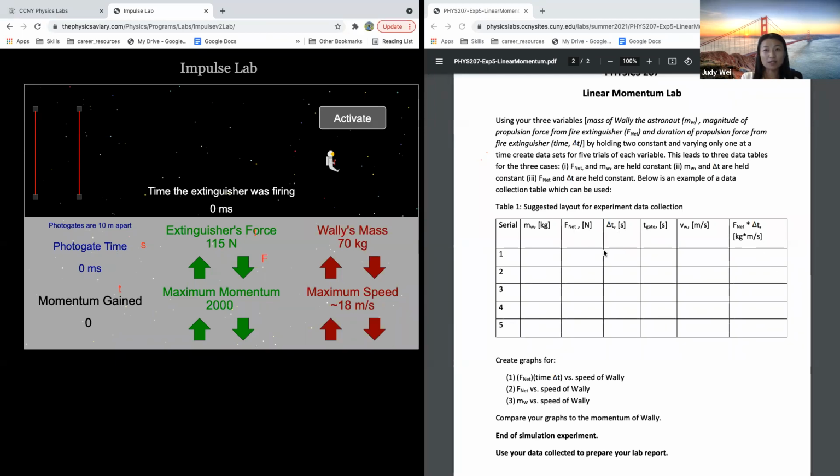Here, what I want you to do is capture different times for which the extinguisher was firing. Let me show you. Activate. My computer is really slow. Okay, I think I already shut off because it has a long reaction.